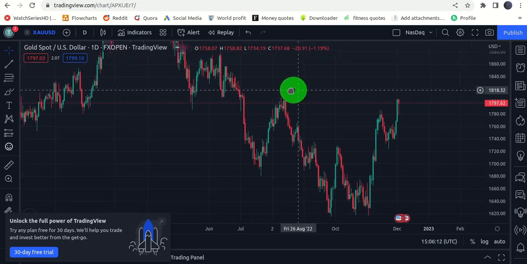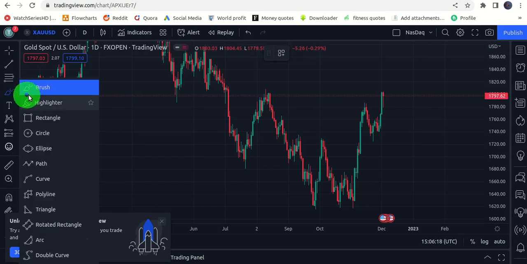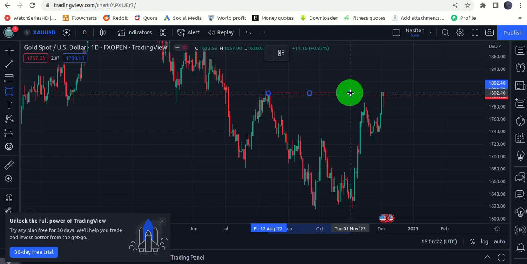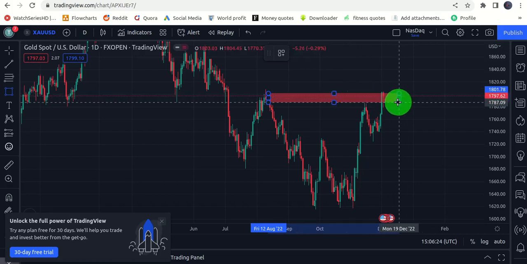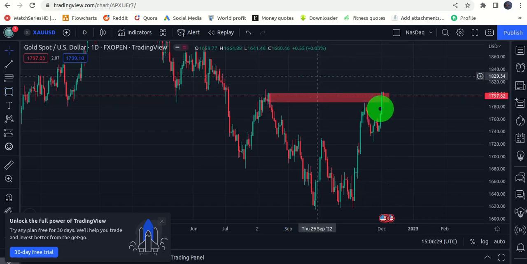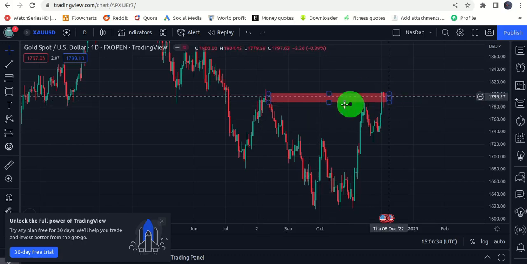Gold. This one I did an analysis on the previous week, and I was looking at this order block as I mentioned in the video. If you can just go back on my channel and check my videos, you would see that I was kind of looking at this area. So it finally came.